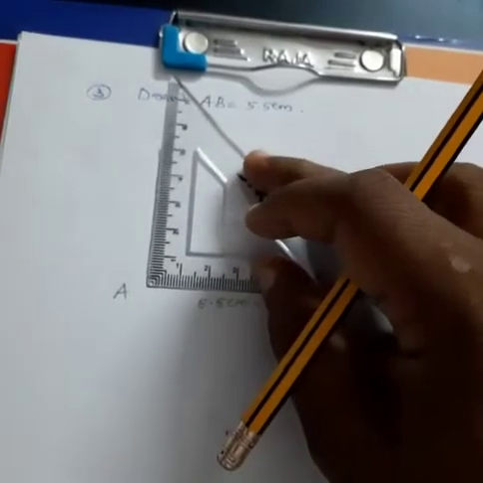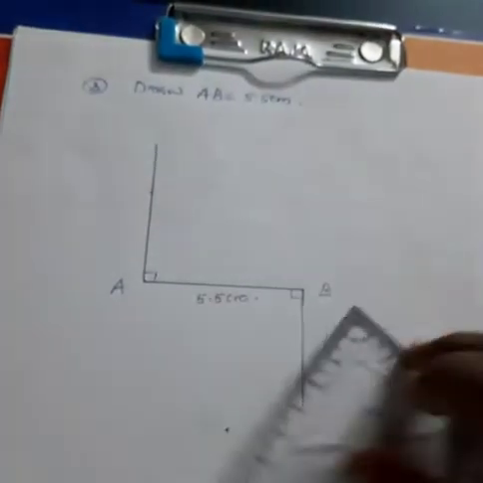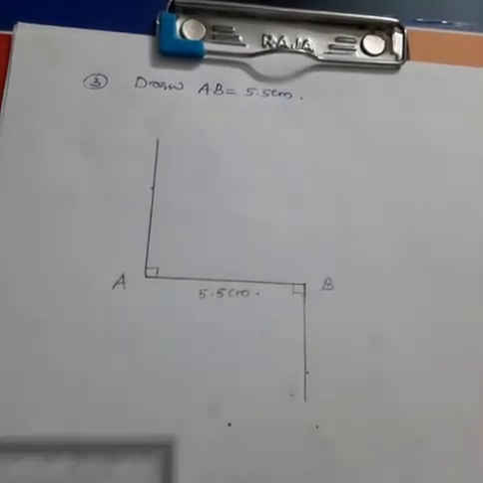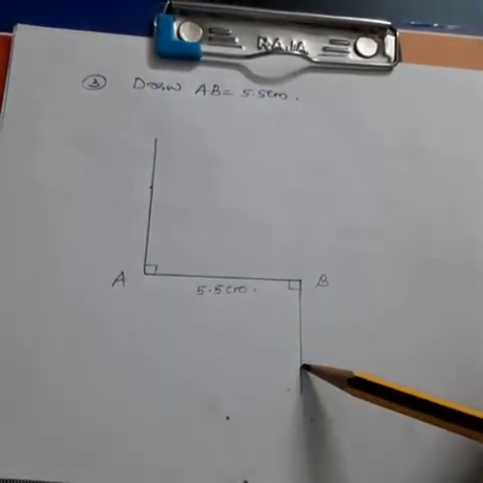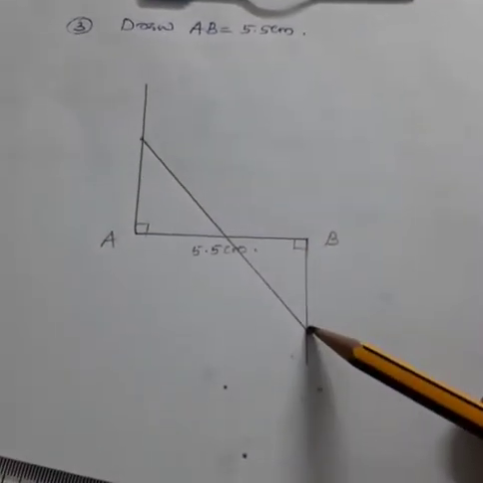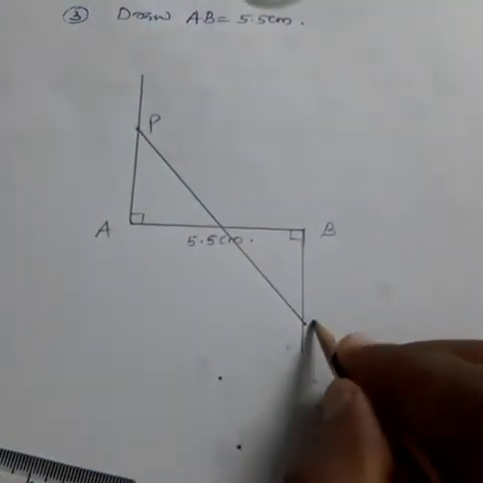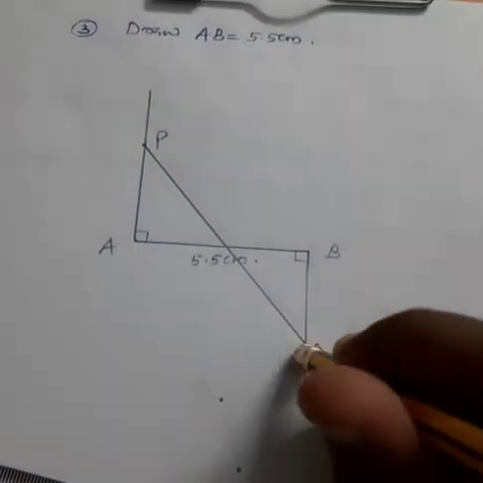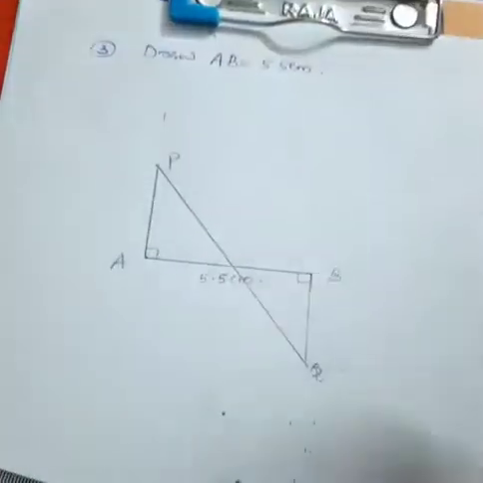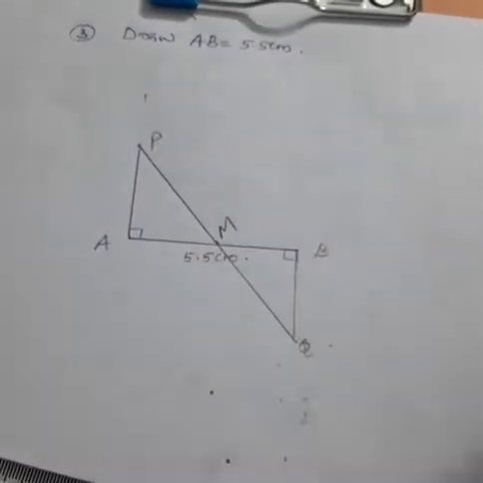Take this measurement as 3 centimeter, and at B also you take the same 3 centimeter. Then you have to join these two points. So join these two points, and you will get the diagram where this point is P and this point is Q. If you need, you can rub this side. We got the midpoint of 5.5 as point M.